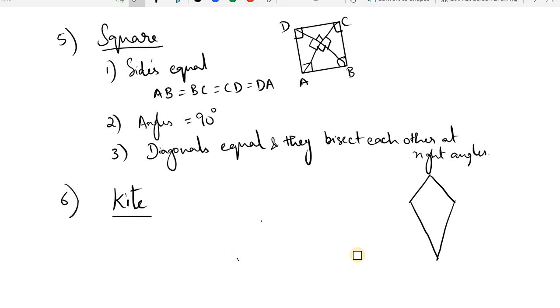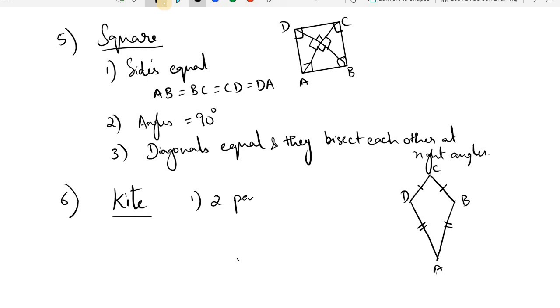Now let's look at this figure that I have drawn. Now let me name it as A, B, C and D. When you look at this figure, I can see DC is equal to BC and AD equals AB. So two pairs of equal adjacent sides. So that's the first property.